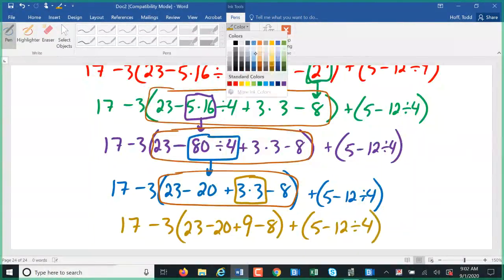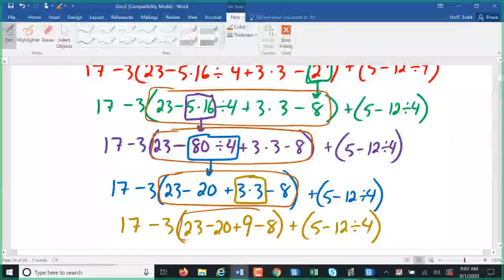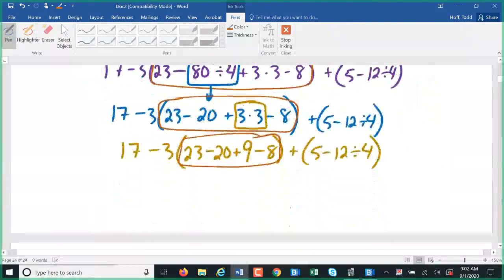Now, inside that brown set of parentheses, all that's left is addition and subtraction. I'm going to proceed left to right. 23 minus 20 is 3.